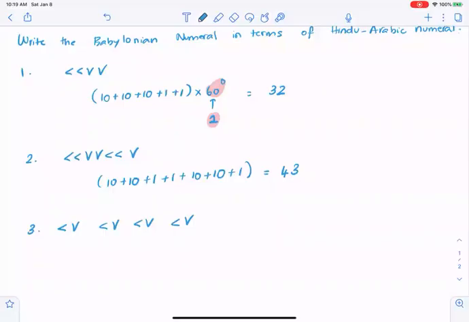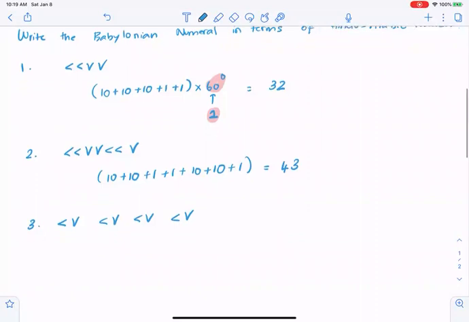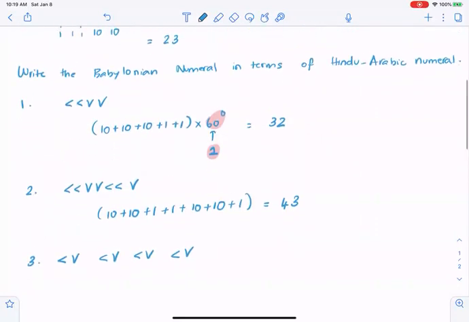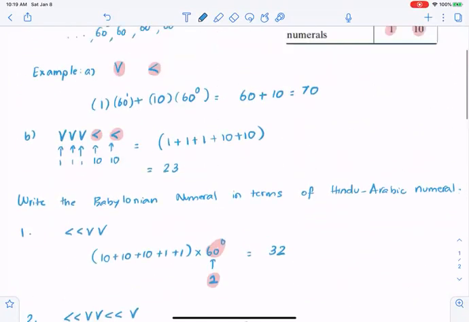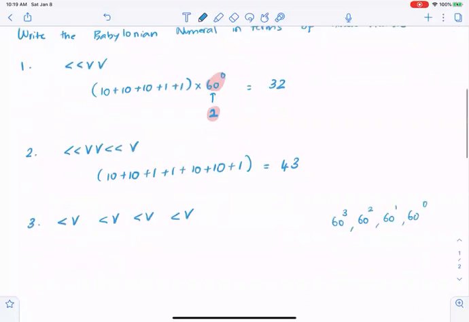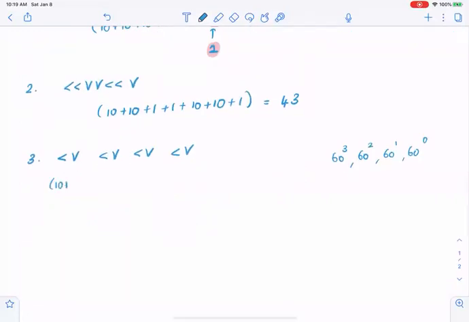So here we have 4 terms, and naturally it's going to be a huge number. 4 terms, 4 different spaces. So we have to make use of 60 raised 0, 60 raised 1, 60 raised 2, and 60 raised 3. So once again, going back to our notation here, we have 10 plus 1, 10 plus 1, 10.